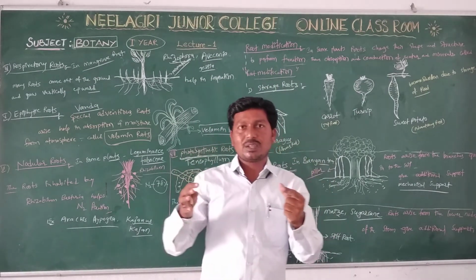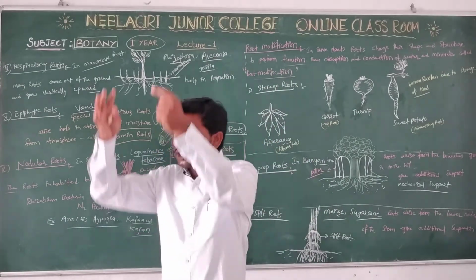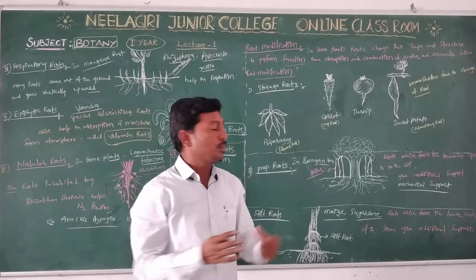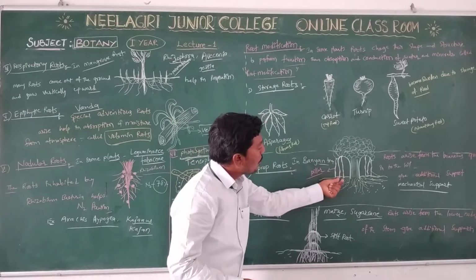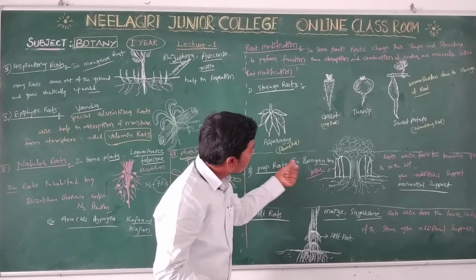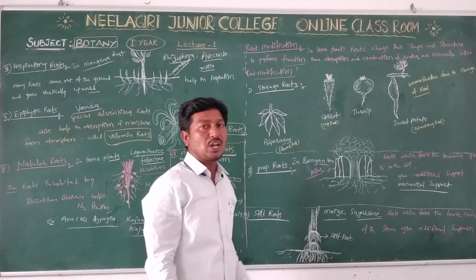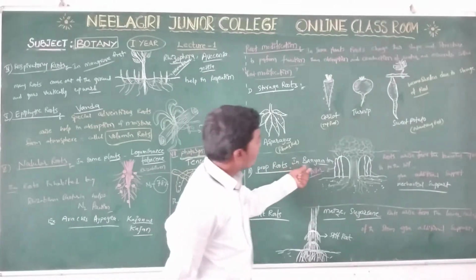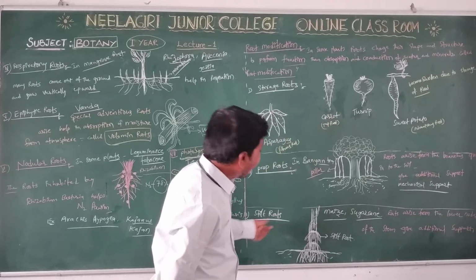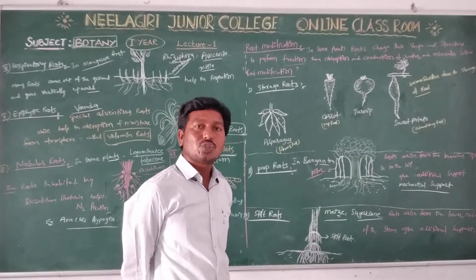Prop roots are also known as pillar roots. Example: banyan tree.